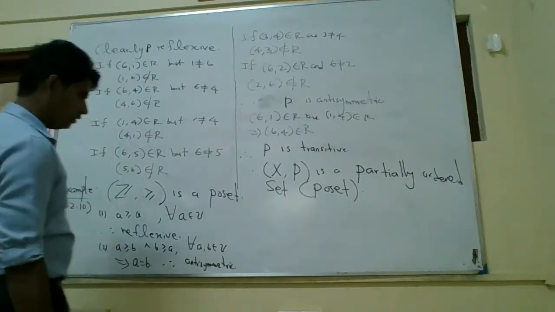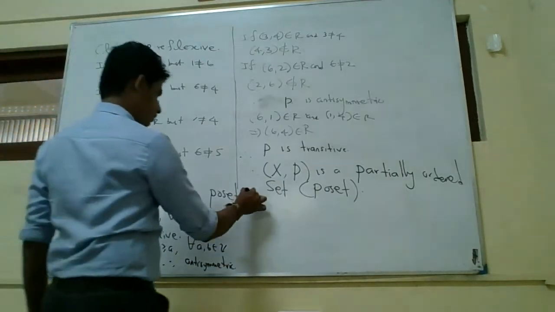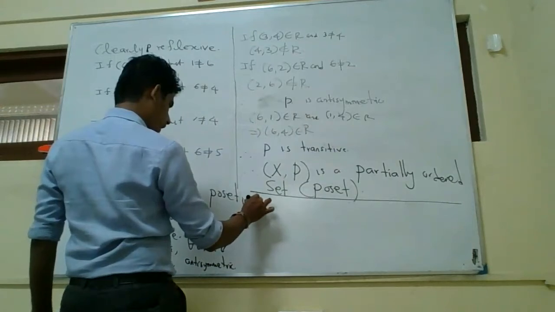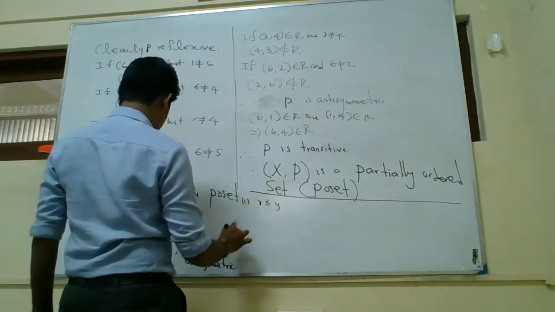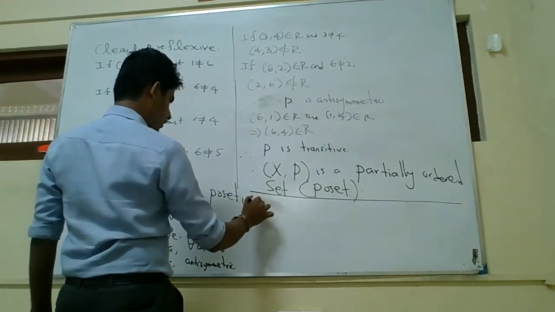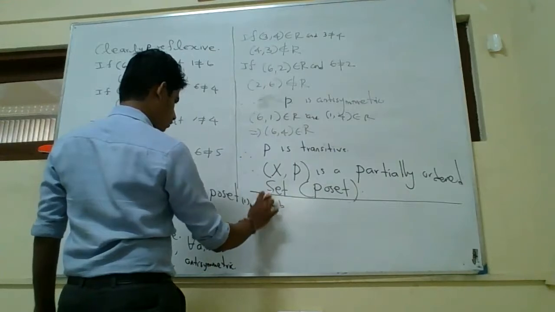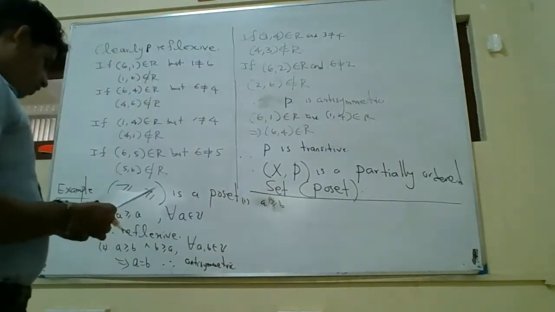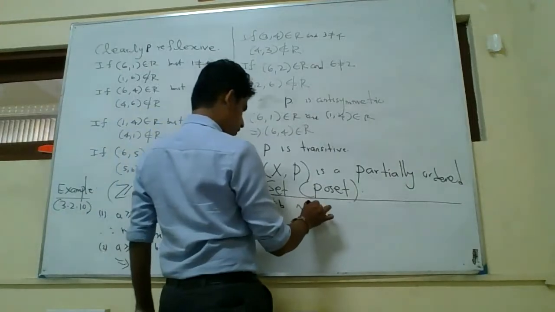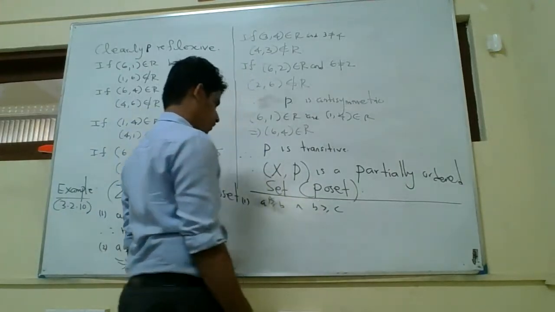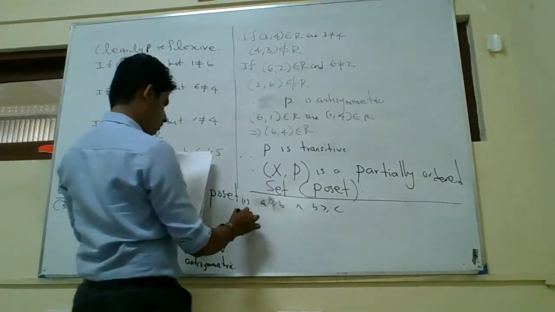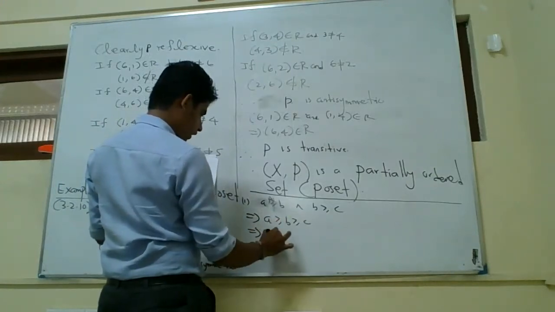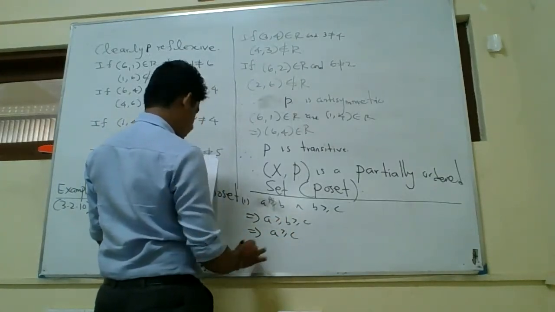For the transitive case, suppose A greater than or equal to B and B greater than or equal to C. From this you can write A greater than or equal to B greater than or equal to C. Therefore, A greater than or equal to C. This is transitive.